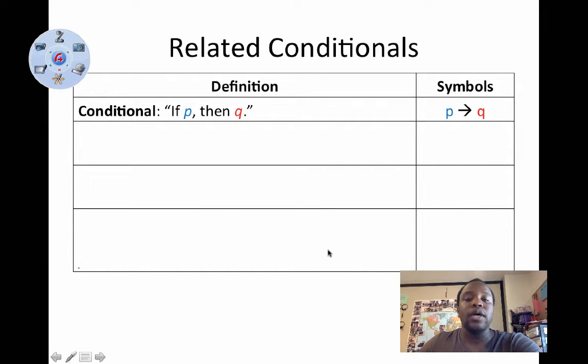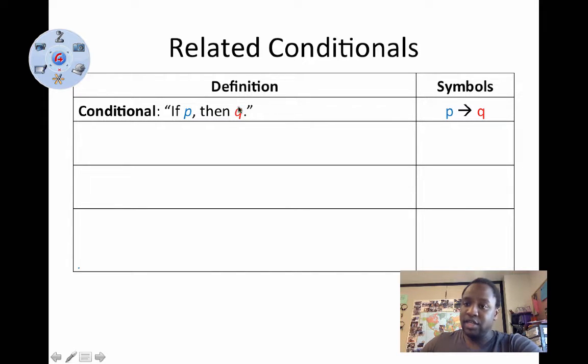So now getting into our second objective, which is I can determine the converse, inverse, and contrapositive given a conditional statement. Let's look at what a converse, inverse, and contrapositive are. So like before, the conditional is if the hypothesis, then the conclusion.